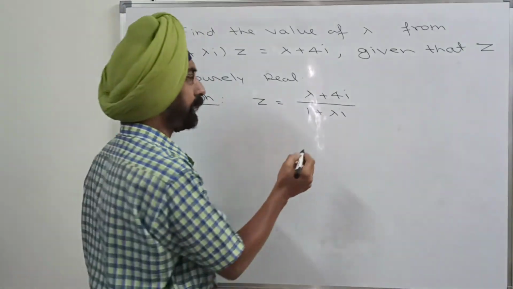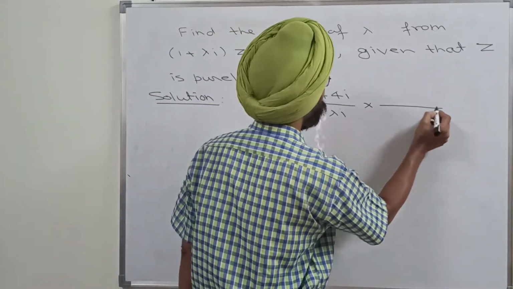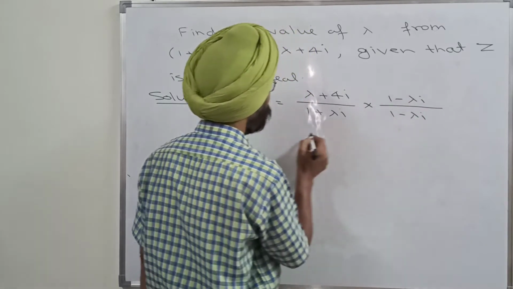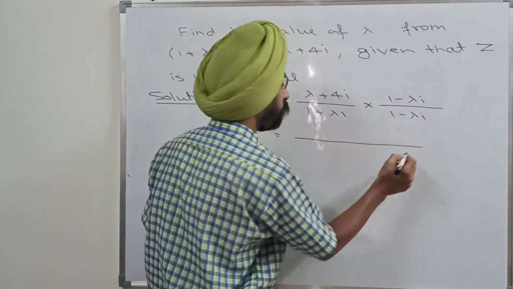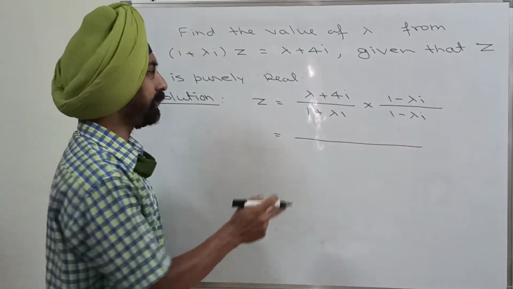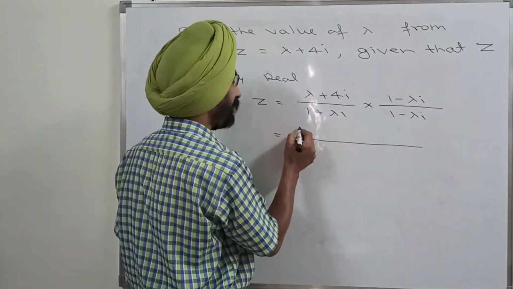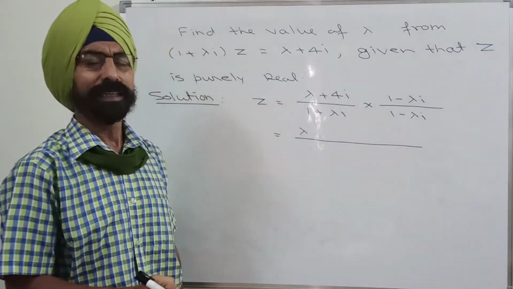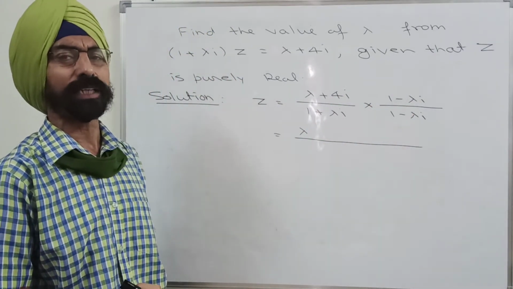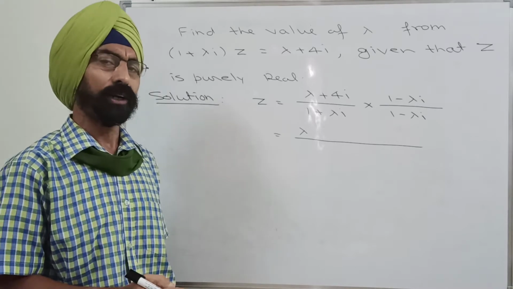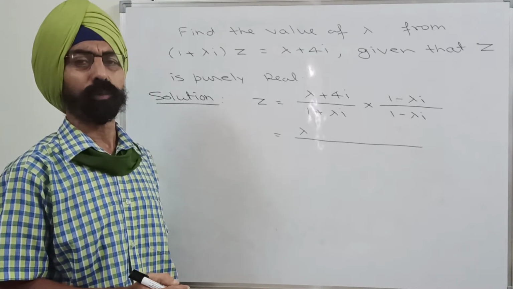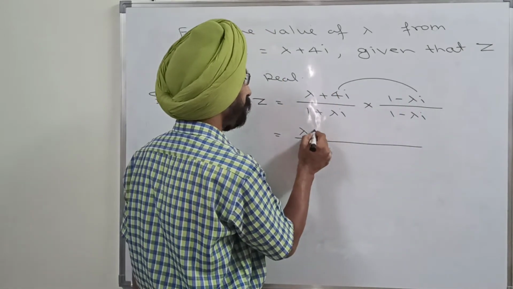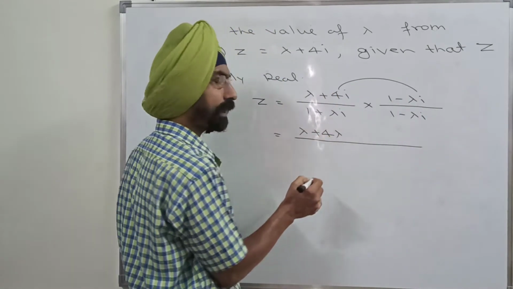Once again, multiply the numerator and denominator by 1 minus lambda iota. Now multiplying, what you are going to get? In the numerator, lambda into 1 is lambda, and 4 iota into minus lambda iota is minus 4 lambda iota square. But since iota square is minus 1, the product of these two will become plus 4 lambda.